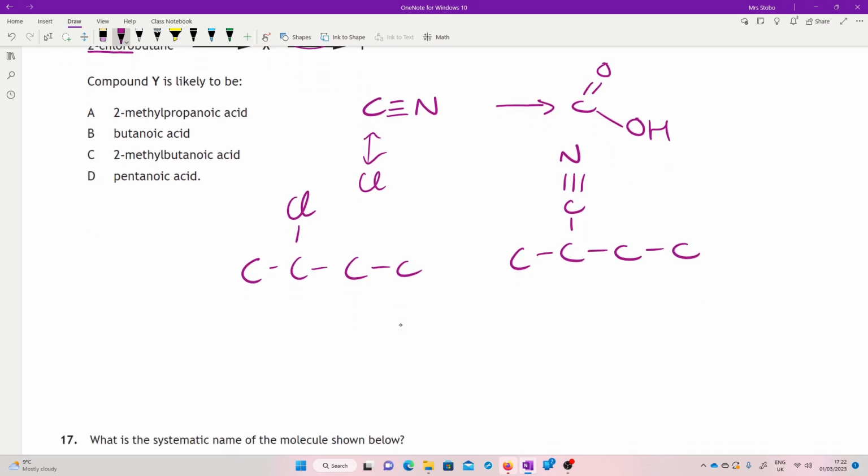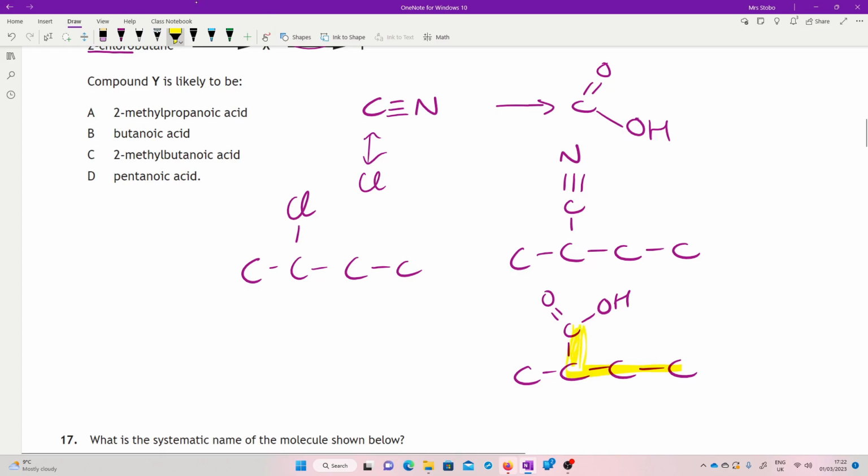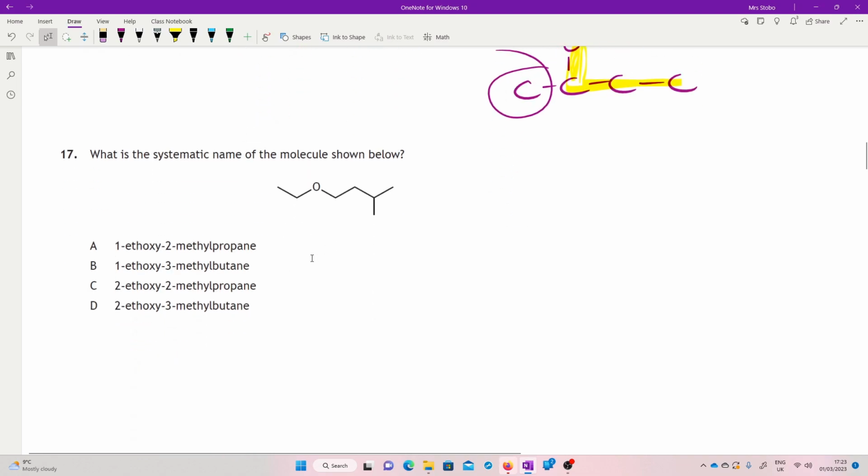Give myself a little bit more space. So there's my C, double bond O, bond OH, and then it's just normal naming rules. So here's my longest chain, so that's methylpropyl. So I'm making butanoic acid, and I've got a methyl group at number 2. So 2-methylbutanoic acid. And that's it.